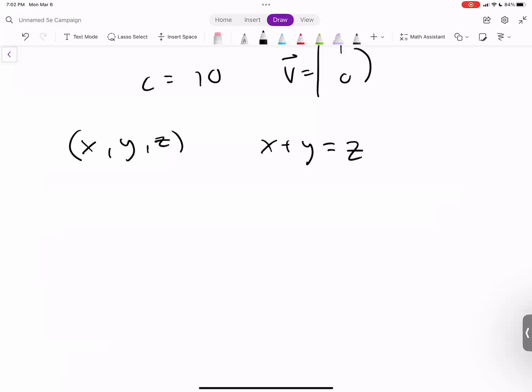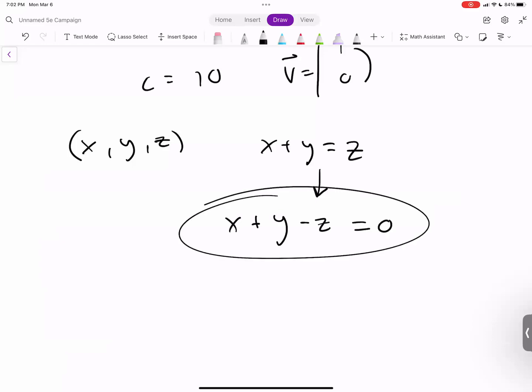The way I like to think about this is, how can we rewrite this? Well, we can rewrite this as x plus y minus z equals 0. And what is this? It's a null space. Is a null space a subspace? Yes. We don't have to do any math. It can just be done there.